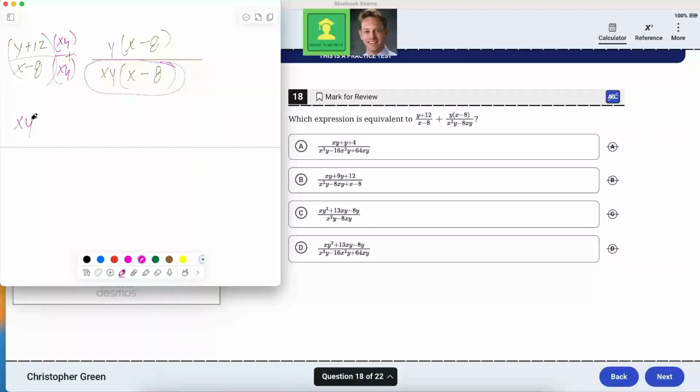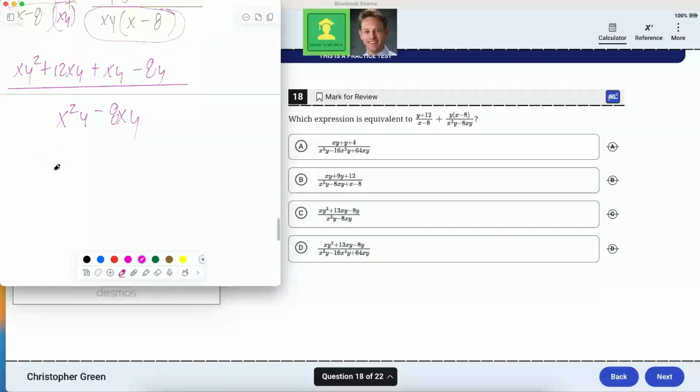So xy squared plus 12xy plus xy minus 8y equals this whole thing. Now, glancing at the answer choices, yeah, they actually do the expansion. So let's see. Since it's this, that simply becomes x squared y minus 8xy.